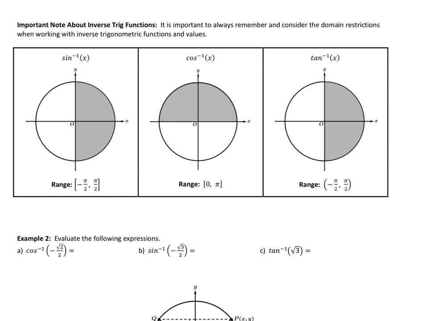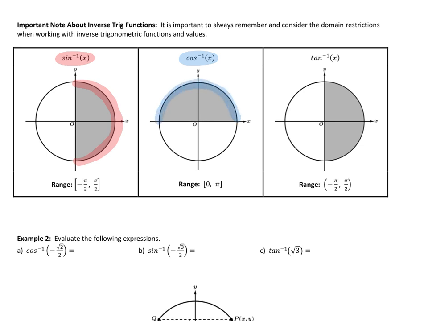So for sine, it can only be from negative pi over 2 to pi over 2. So we would answer with an angle in quadrant 1 or quadrant 4 around our unit circle. For cosine, we could only ever answer with an angle from 0 to pi.